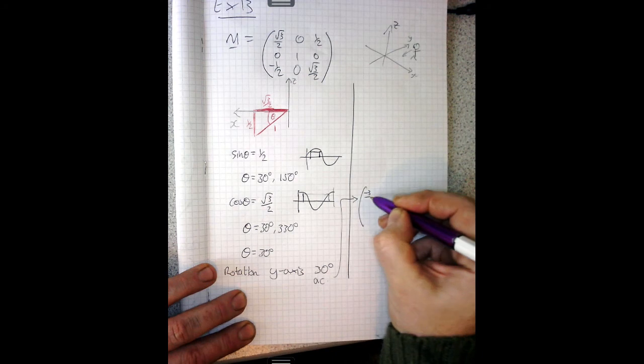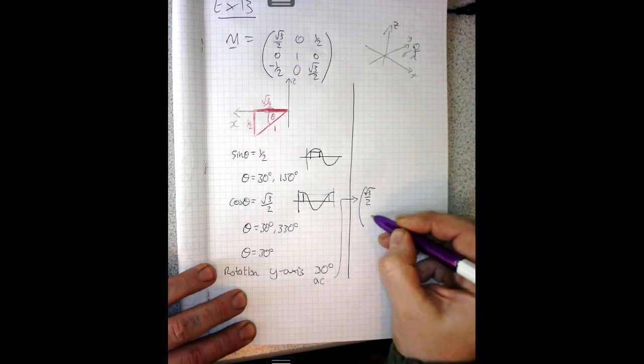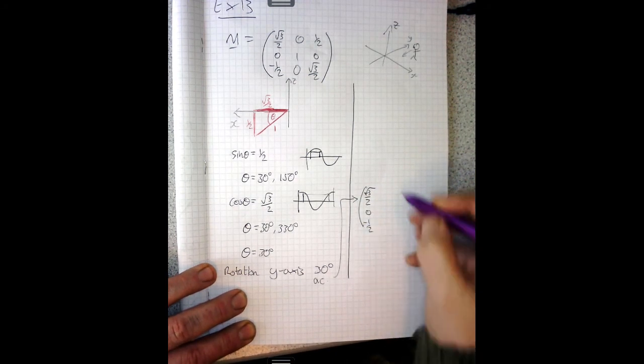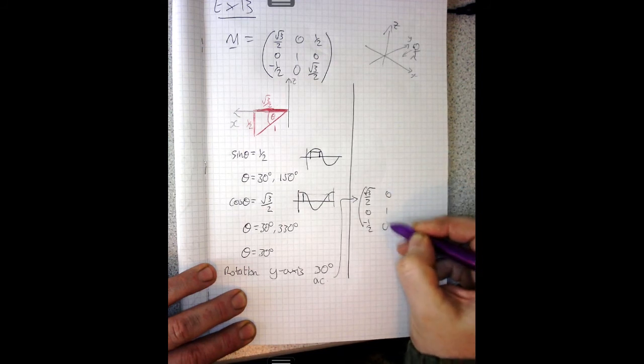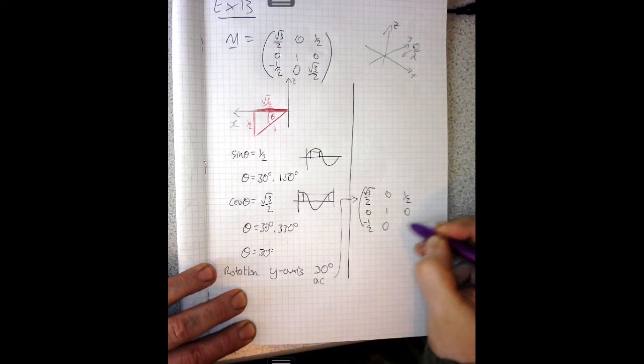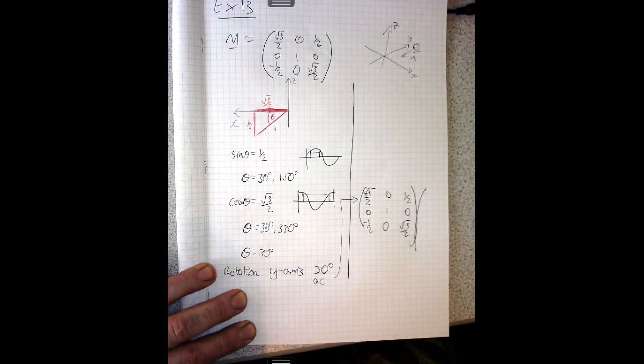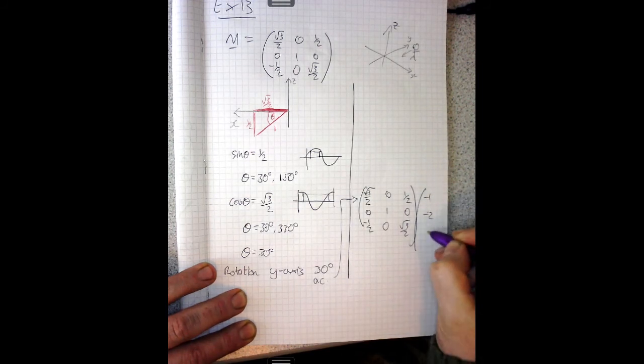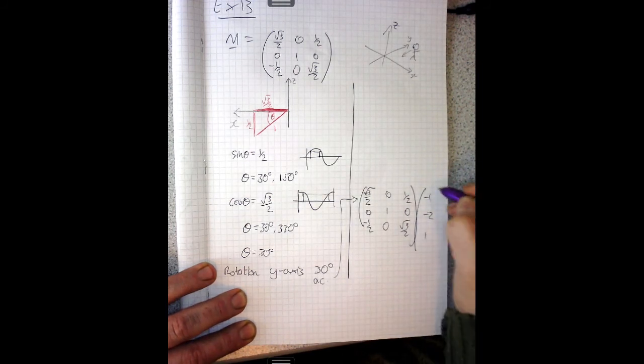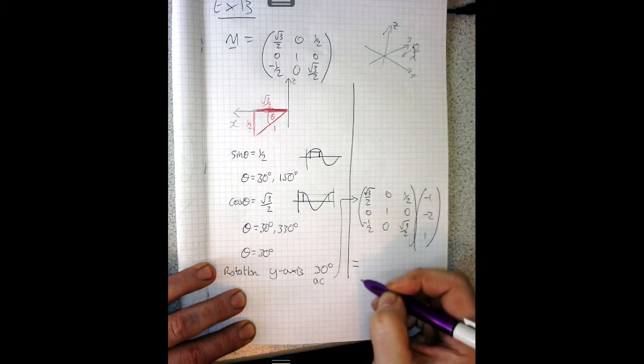And then they ask us to apply it to a point. Well, that's just root 3 over 2, 0, minus a half. That's just matrix multiplication. And I'm doing that on a calculator. Multiplied by -1, -2, 1.